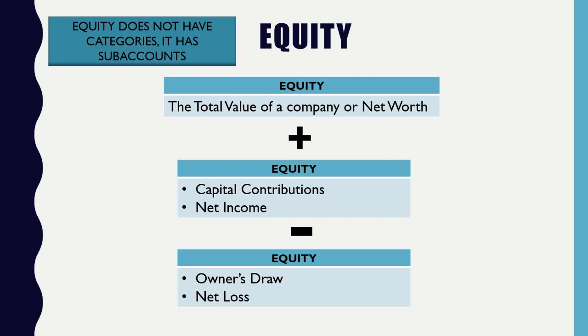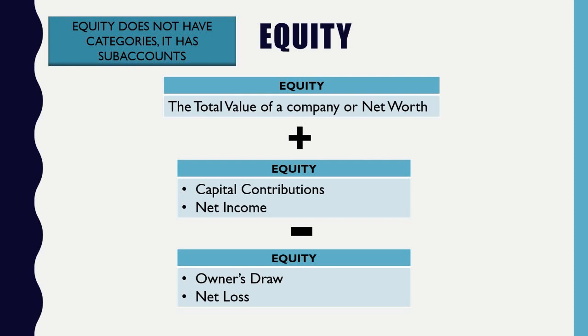Equity has none, especially under owner's equity. If for any reason you decide to go into corporate, then yes, you will have categories, like your retained earnings, your stockholders' equity, and so on. But in this case, no.